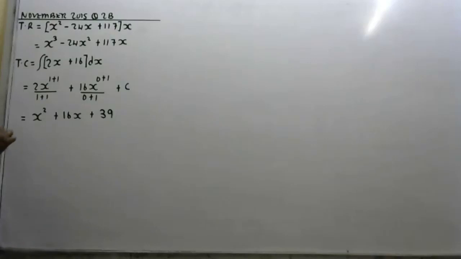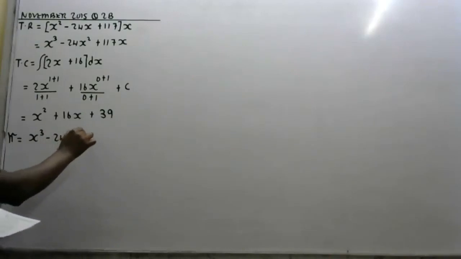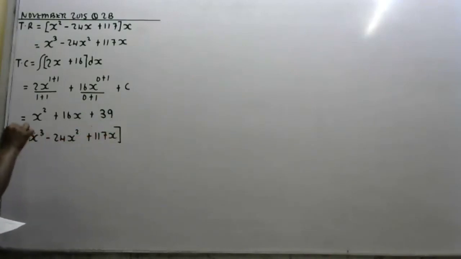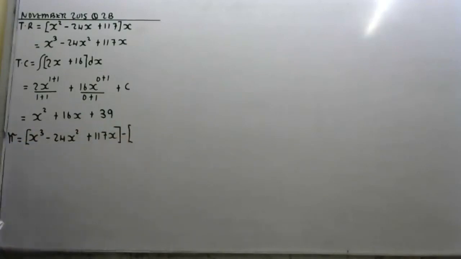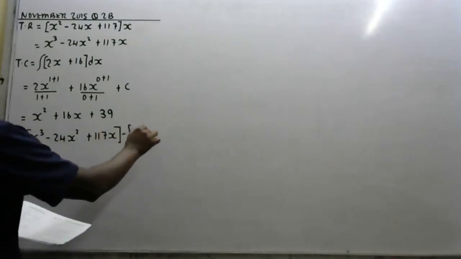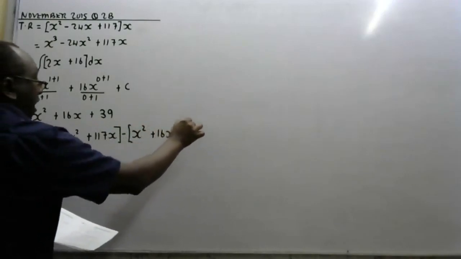So profit then will be x cubed minus 24x squared plus 117x. That is the revenue. You minus the cost, which is x squared plus 16x plus 39.